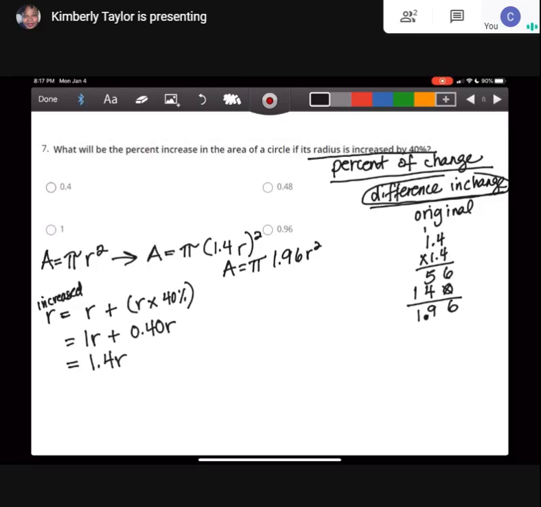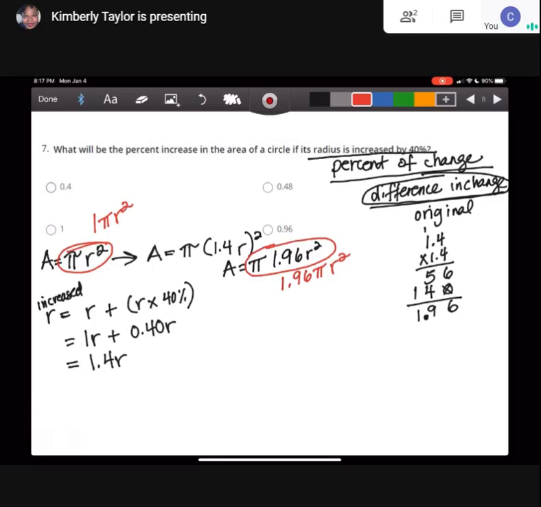So what changed for the area? And this is like, now we gotta subtract. It gets a little, it looks a little funny, but this is what you gotta do. So we're gonna subtract these two quantities, and the quantities I'm talking about are really these two expressions right here. If I was to rewrite the expressions, this one would be 1 pi r squared. This one would be 1.96 pi r squared.